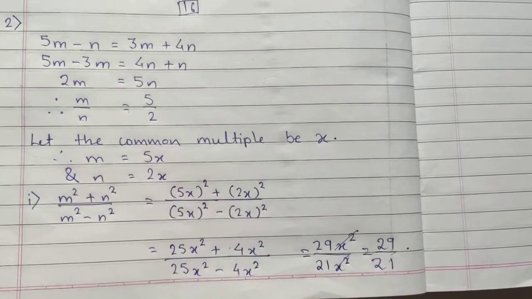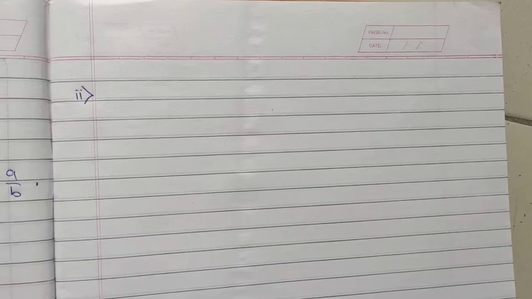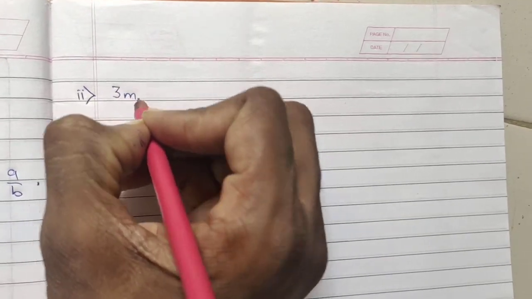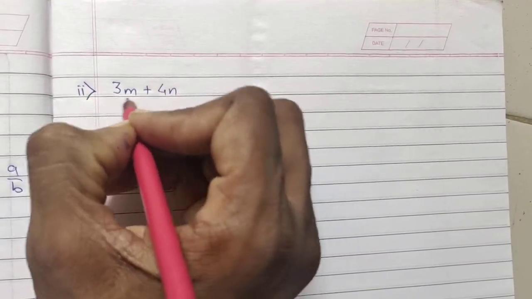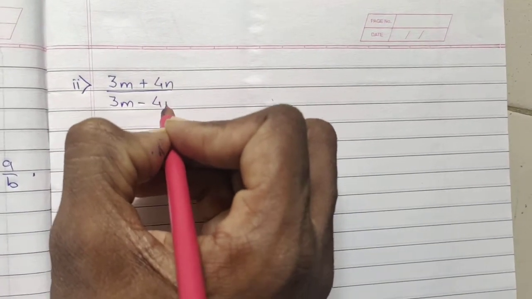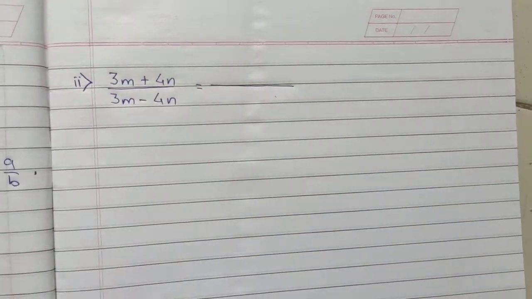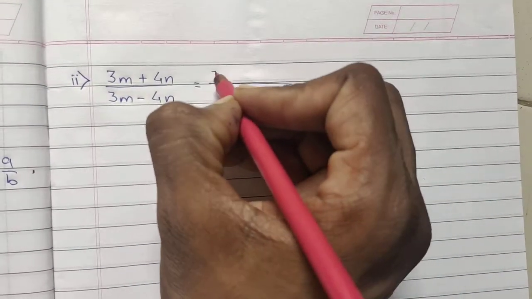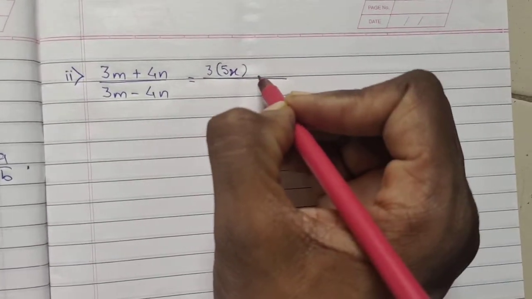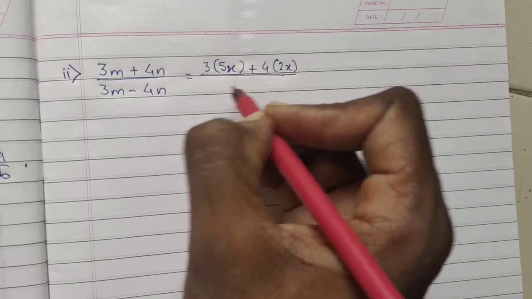Now we will move to the second part. The second part is 3m plus 4n upon 3m minus 4n. Now see how to solve this. Same way, we already have m value 5x and n value 2x. So substitute the values of m and n.